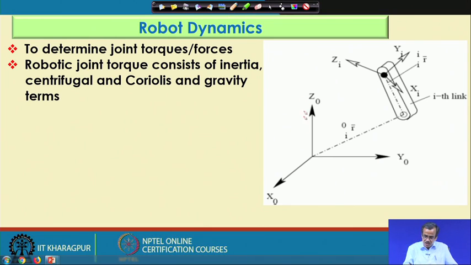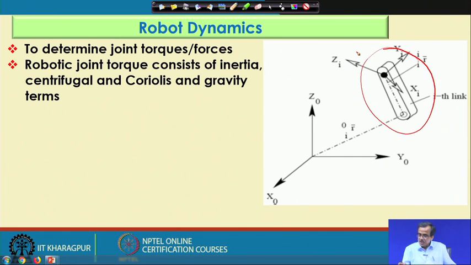Now, here I am just going to concentrate on this particular figure. So, this shows x naught, y naught, z naught, which is nothing but the base coordinate system of this robot, and I am just going to concentrate on a particular link, that is the ith link.